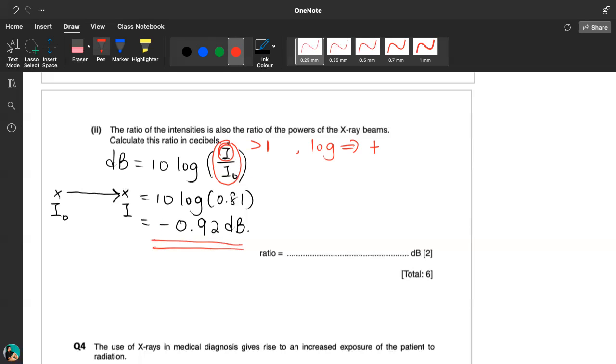Negative means my fraction inside is less than 1. You log anything less than 1, you get a negative value, which also means that the transmitted intensity is less than the original one. So they just want to put it in the log scale, nothing really special about this one. They just want you to express the ratio in the log scale.